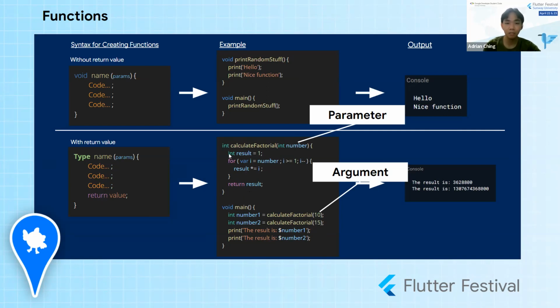And since the result is an integer, we put an integer here to indicate that the return type is an integer. Once the function returns an integer, Dart will know that, and hence we can create a variable to store whatever is returned. For example, like this. So we are creating a variable number 1, which is an integer, and it stores whatever value it returns from the function. Pretty cool.